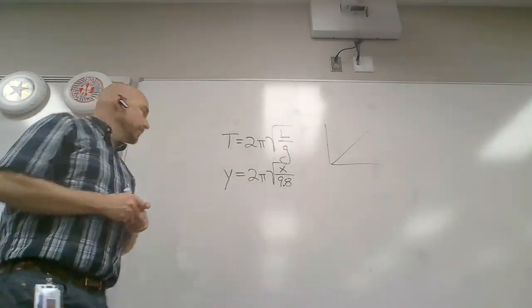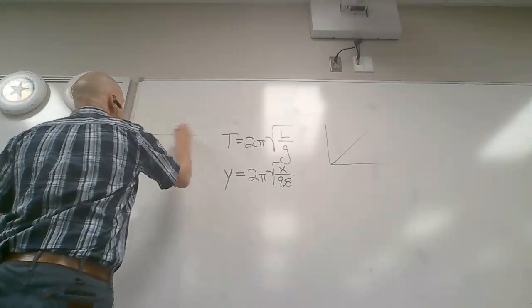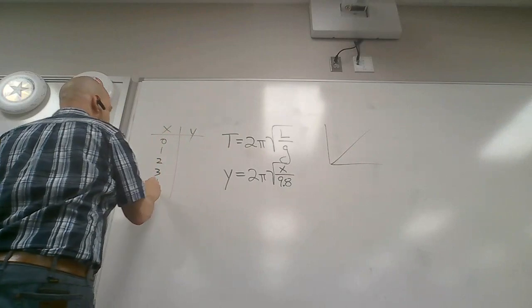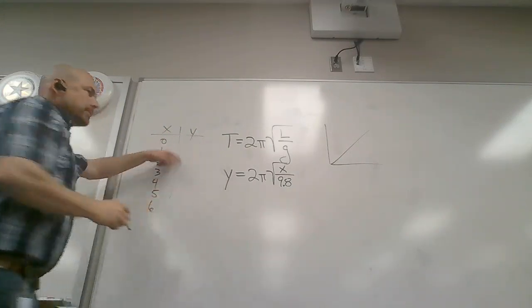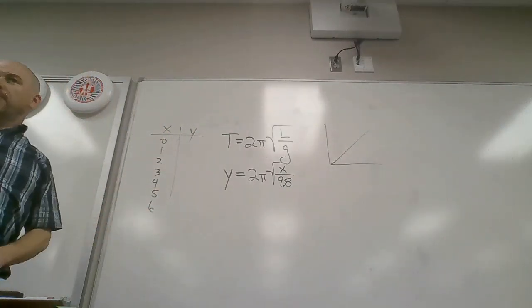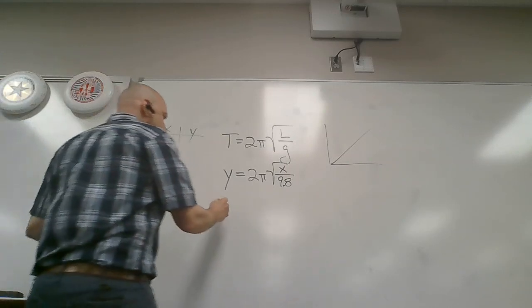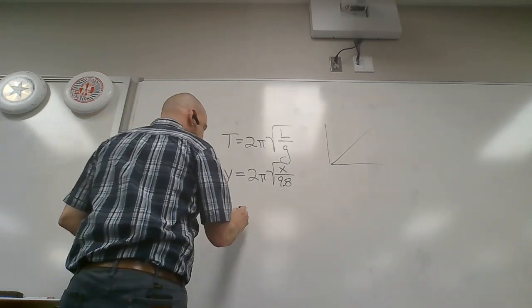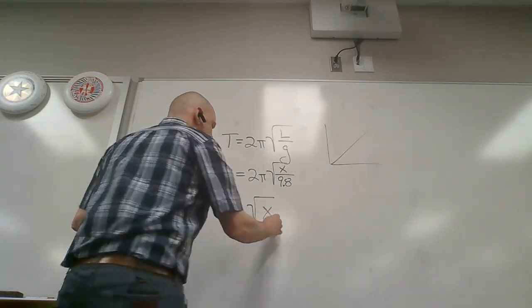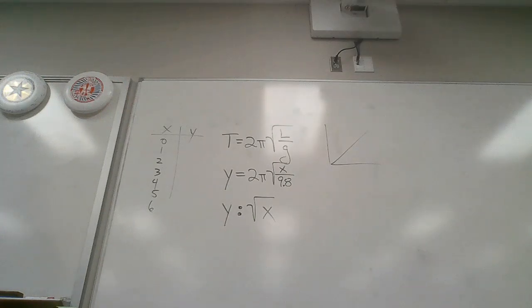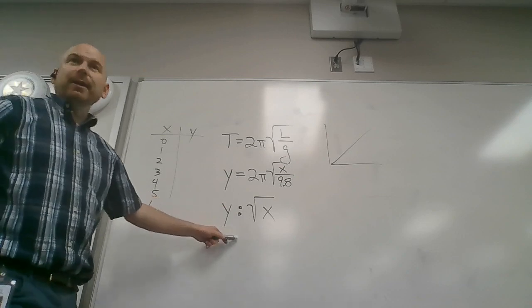That's your dependent variable. Like in math class, you would just do this, and then come up with what's over here. At a very basic level, you could say y is proportional to the square root of x. Does this produce a straight line?